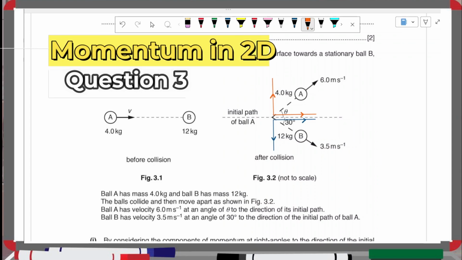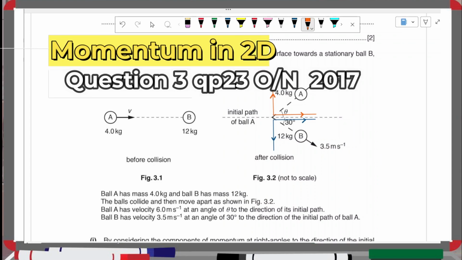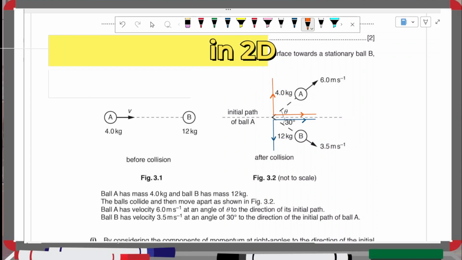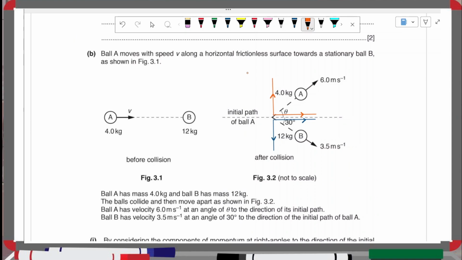So this is the first step that should be done in these kind of questions. Whenever you have a question of momentum in 2D, the velocity would be given not only along the x-axis but at some place in the middle of the x-axis and y-axis. You have to break down the velocities into two components. So if the velocity was in the top right corner, the two components would be one at the top, one to the right.